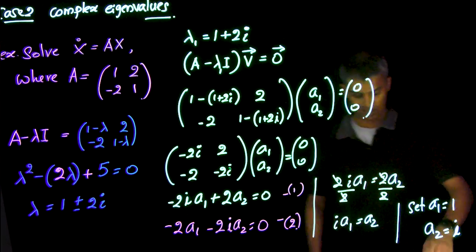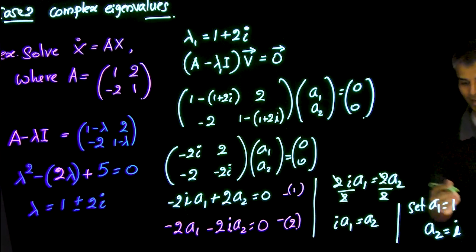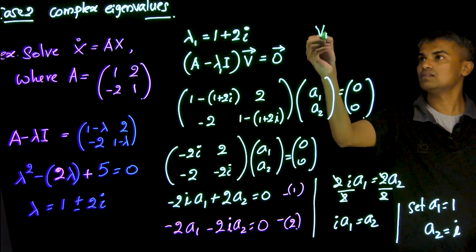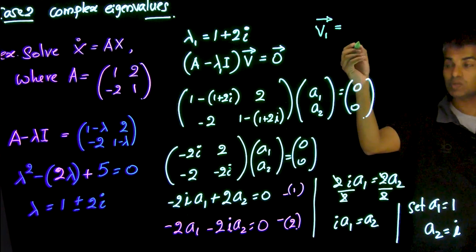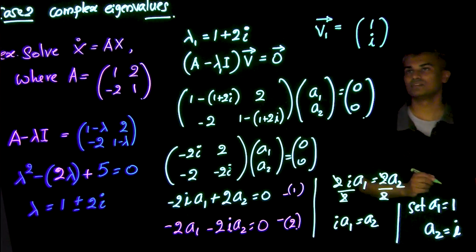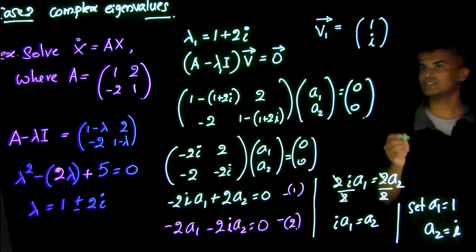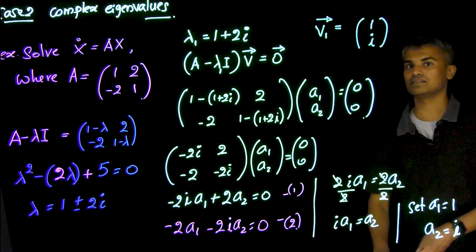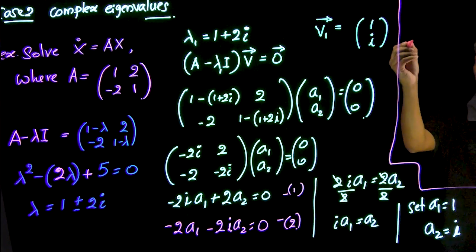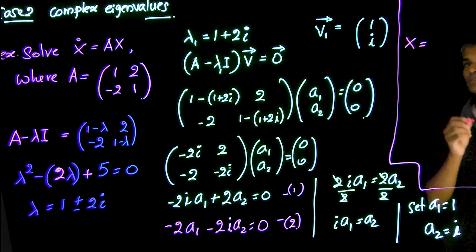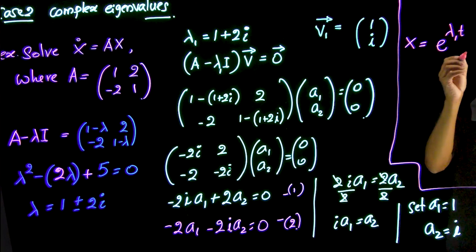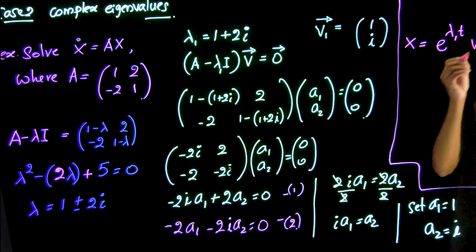Excellent. So, the eigenvector that corresponds to this eigenvalue equals 1 and i. Now if you want, you can get the complex solution x equals, say, e to the lambda 1 t times v1.